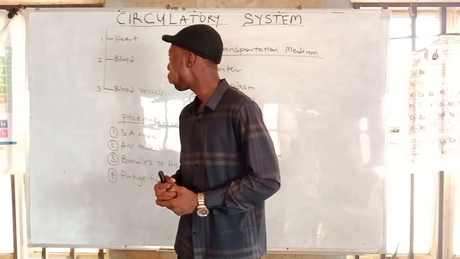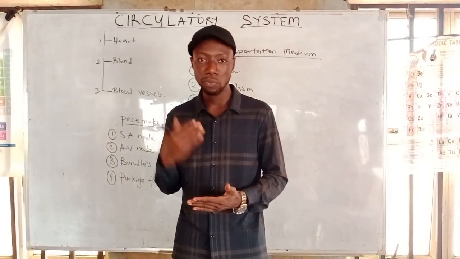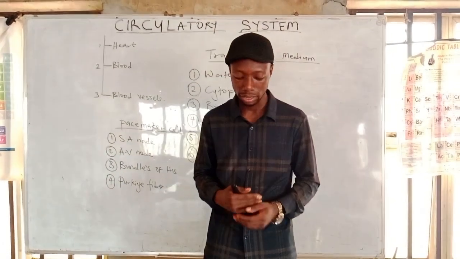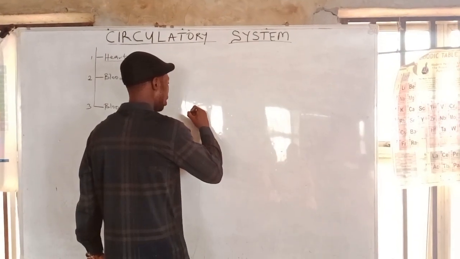Now, we are going to look at the structures of the human heart, the location, and the functions of those structures we have in the heart. This is the diagram of the human heart.